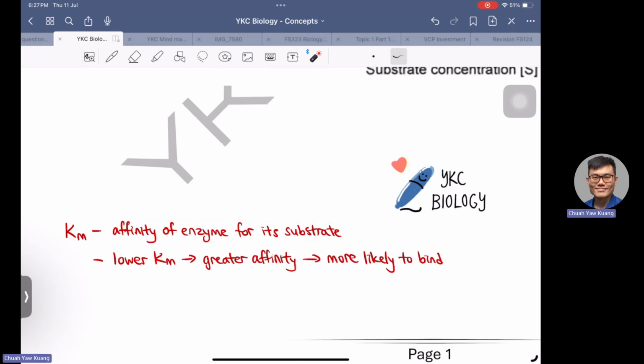So when a reaction has a lower Km, that means the enzyme has greater affinity to the substrate. In other words, the substrate is more likely to bind to the enzyme. They have a higher chance of binding to the enzyme. So that is what the Km means.